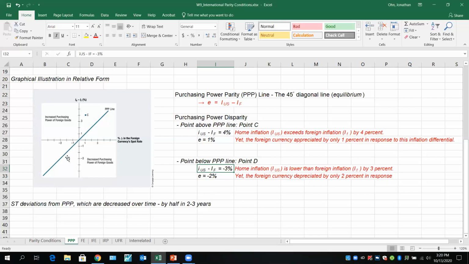So the exchange rate will depreciate, and will continue to depreciate until it hits the purchasing power parity line. That way, the flexible exchange rate will adjust itself and move toward the purchasing power parity condition. Okay, you got it? All right, that was purchasing power parity.